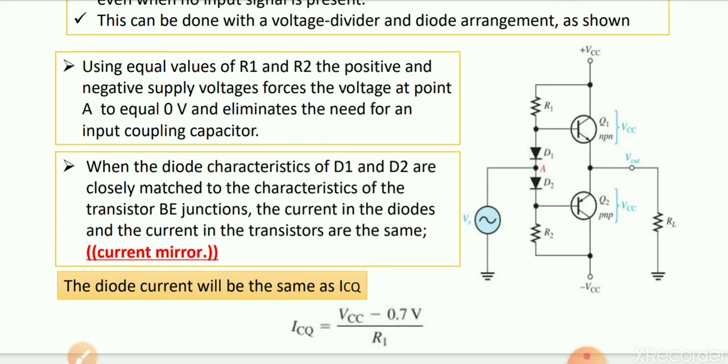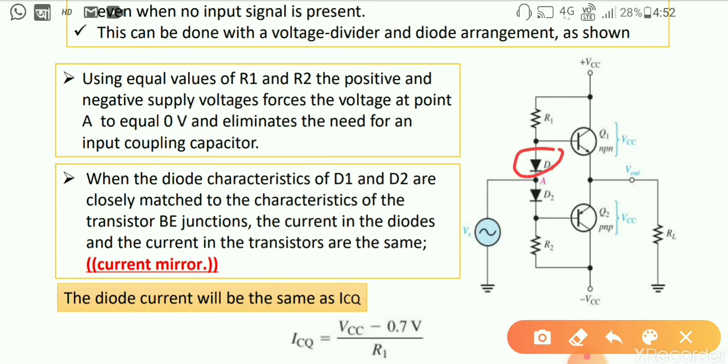When the diode characteristics of D1 and D2 are closely matched to the characteristic of the transistor BJT junction, the current in the diode and the current in the transistor will both be the same.